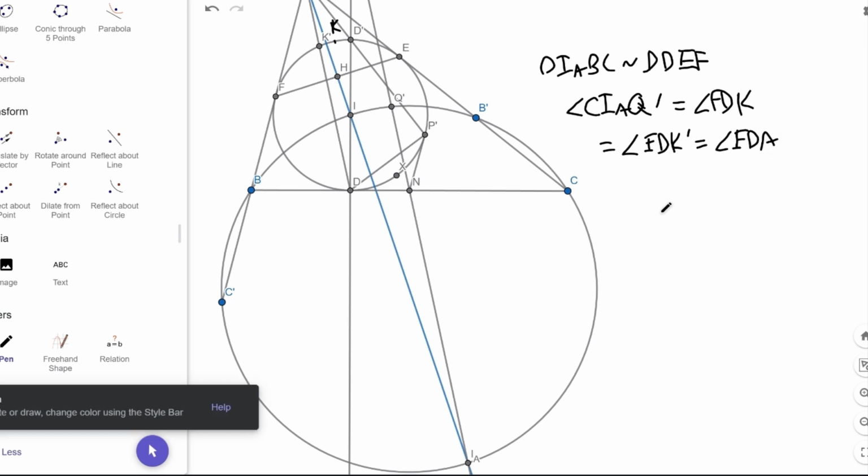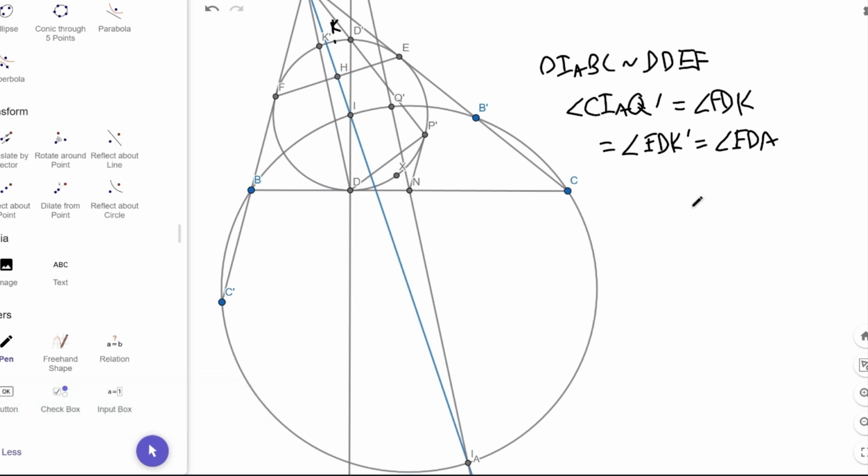So now let's see what we can do with CIAQ and EDA. For one, we have CIAQ. We can try relating it to the other points. So, for example, CIAQ prime is equal to 180 degrees minus angle CB prime Q prime, which is also equal to angle EB prime Q prime.